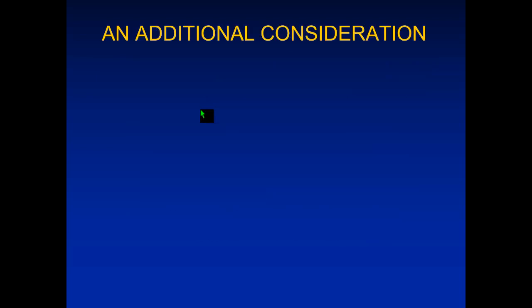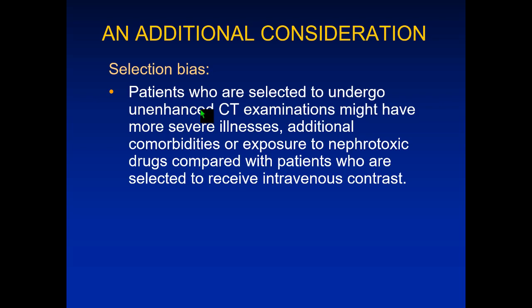Well, there's one additional thing that we haven't yet taken into consideration, and that is the possibility of selection bias, which is to say that it's entirely likely that patients who are selected to undergo unenhanced CT might have more severe illnesses, additional comorbidities, or exposure to nephrotoxic drugs as compared with patients who are selected to undergo contrast-enhanced CT.